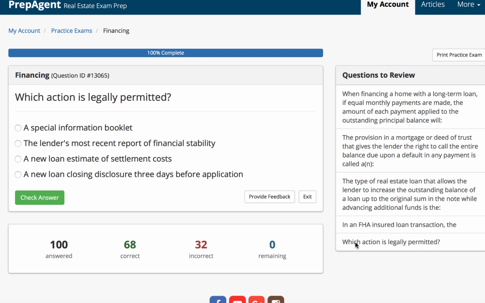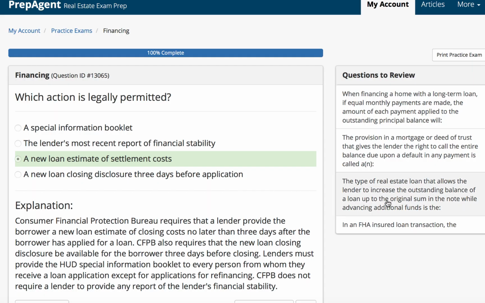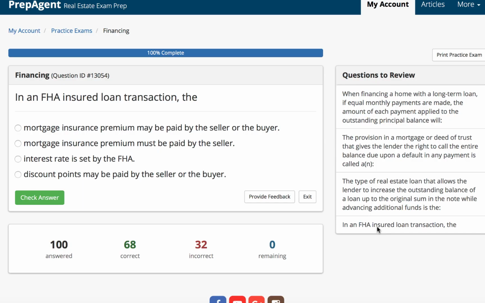A new loan estimate of settlement costs. In an FHA loan transaction, the discount points may be paid by the seller or the buyer.